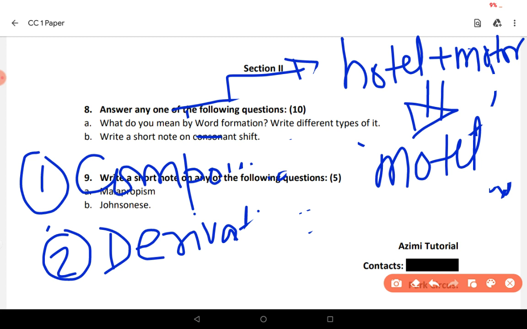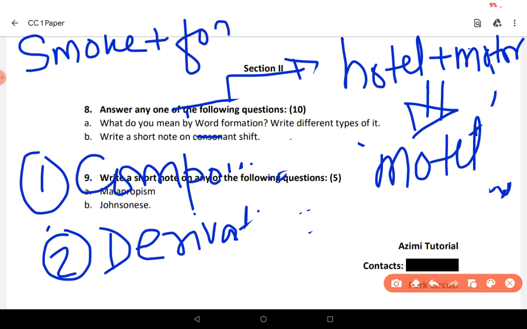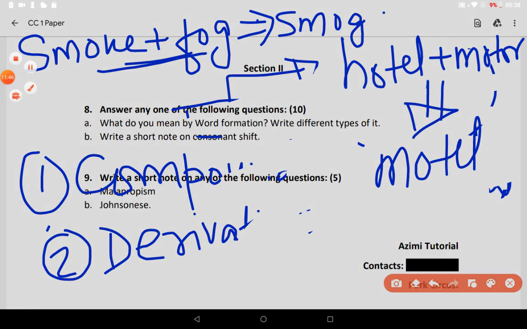Another example would be smoke plus fog, we get smog. We are forming new words by combining the two words.